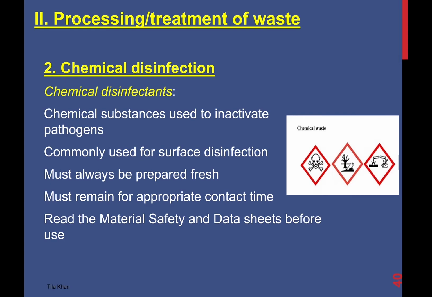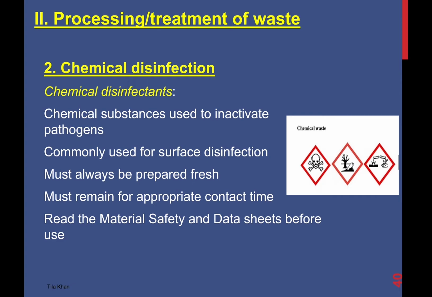But please note that these disinfectants must always be prepared fresh, since their activity decreases over time, and they must remain for the appropriate contact time for achieving their microbicidal, virucidal, or fungicidal action. So we want to make sure that these are effective and they kill whatever we want them to.